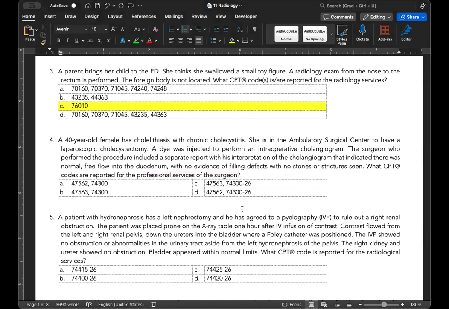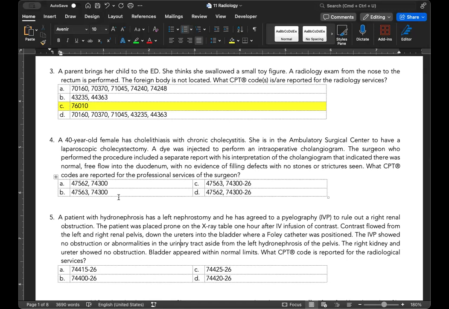Okay. So we know that 74300 is our correct code, right? Because it's in all 4 options. We have 2 options with a 26 and 2 options without, right? So let's go look at the 74300 and see what our code description states and see if we should use the 26 for the professional component or if we should not use the 26 because it's only a professional component code.